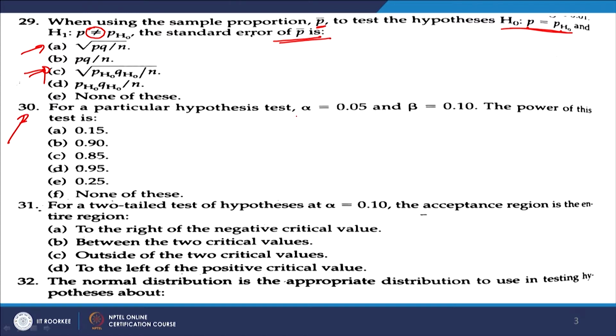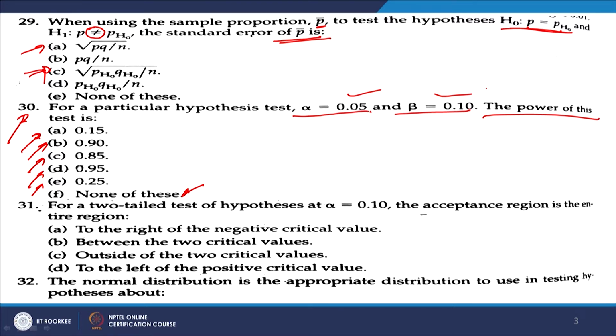Let us look at the next question. For a particular hypothesis test, alpha is this, beta is this. The power of this test is 0.15, 0.90, 0.85, 0.95, 0.25, none of these. So what is the power of a test first of all?